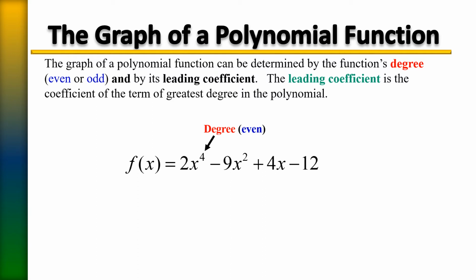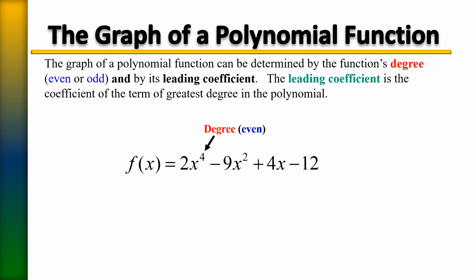The leading coefficient of the polynomial is the coefficient of the term in front, the term that has the greatest degree. Since the 4th degree term is the greatest degree of the polynomial, its coefficient would be the leading coefficient.